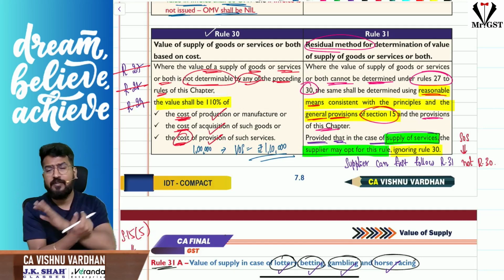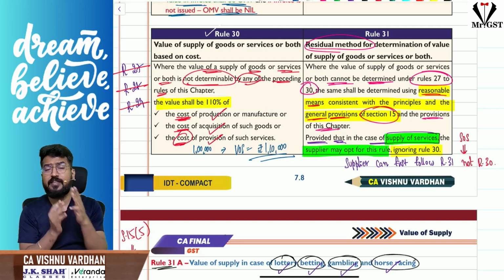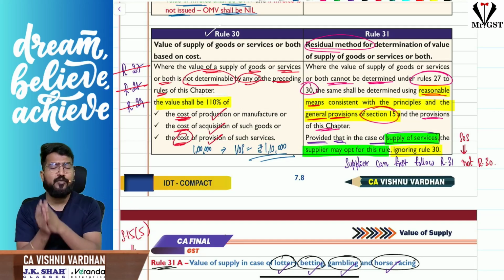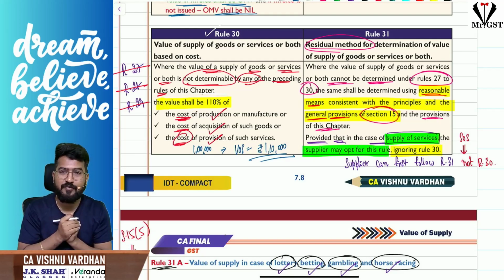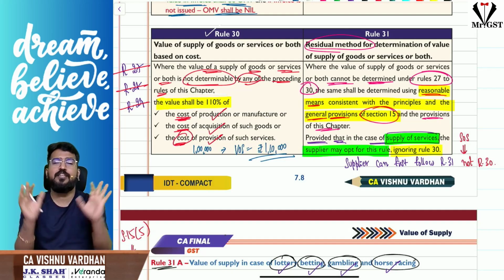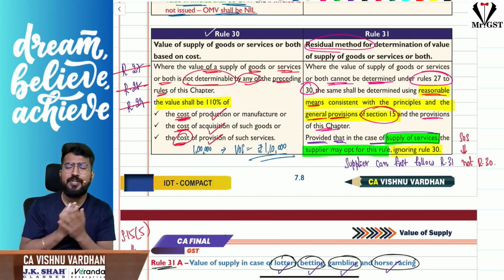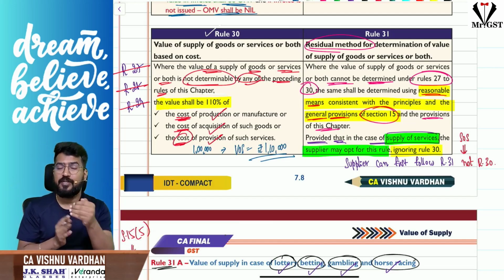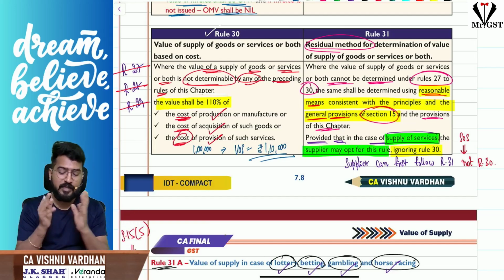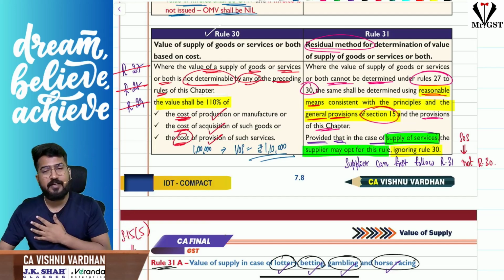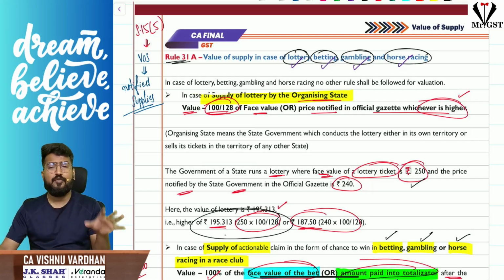Now, rule 31 says, sir, if rule 30 is also not able to help you, that means 27, 28, 29, 30 are not able to help you, then rule 31 says, follow the provisions or the spirit of the law as per section 15, and consistent with those provisions, you determine the value. That is what rule 31 is saying. And one more interesting thing, as you already know, if you are dealing with services, before following rule 30, you can straight away come to rule 31. Okay, that is what rule 31 and 30 are all about. Small points. So we are done with section 15 subsection 4 and related rules.